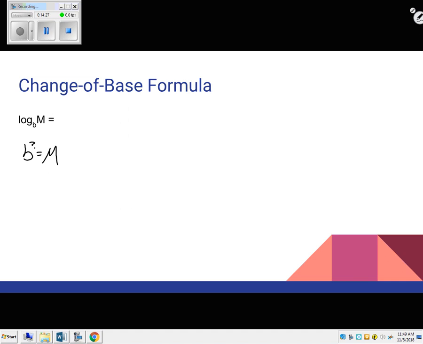Well, I'm here to give you a change of base formula and just simply say that you can just take a log of this m right here and divide it by log of your base. It's just a ratio of logarithms. And as long as you have the same log base on top and bottom, it works. So if you're more of a natural log type person, you can just hit natural log of m divided by natural log of b.